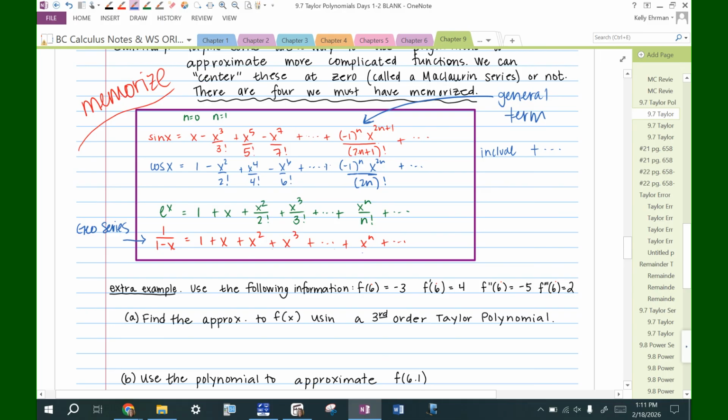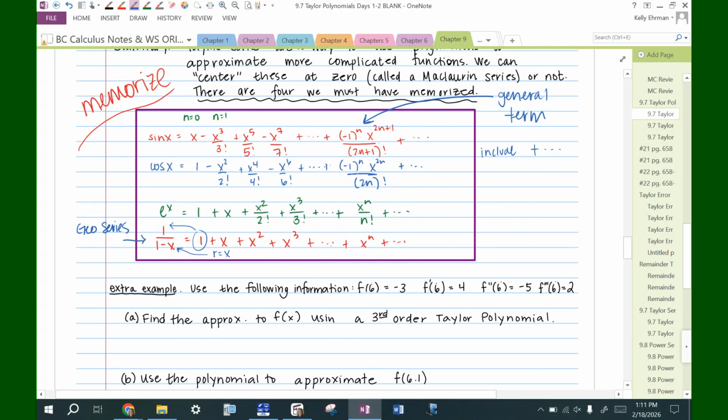So this is a geometric series, and the reason it represents the rational function 1 over 1 minus x is because that's the setup for the sum of a geometric series. The first term is 1, and the common ratio is x. So it was set up to be a over 1 minus r. So that's why that function is represented by this geometric series.